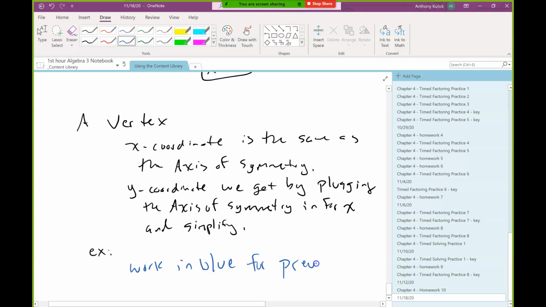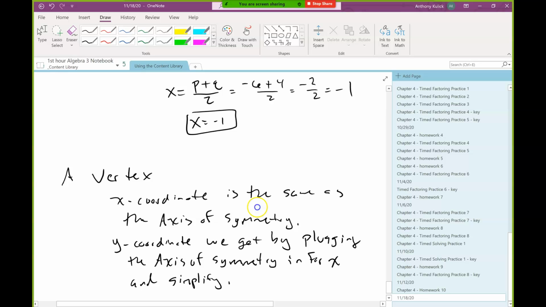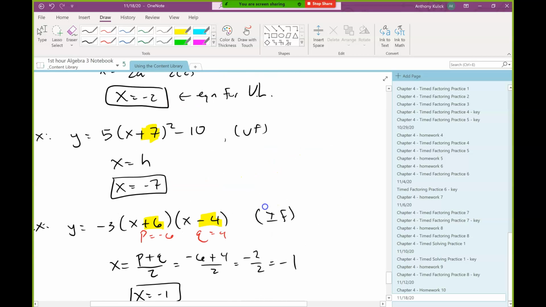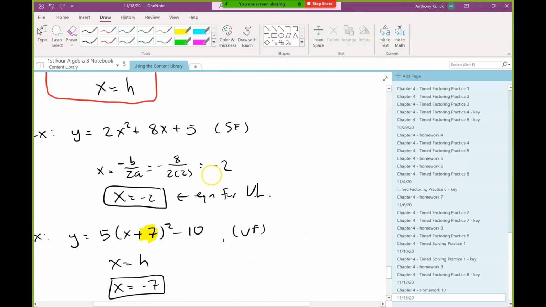So I'm just going to do my work in blue along with the previous examples. So I'm going to go up to the examples that we did under axis of symmetry, and I'm going to continue to do the second part of that for the vertex in blue, just right next to it. Okay? Hopefully it just saves everybody a little bit of writing. Okay.